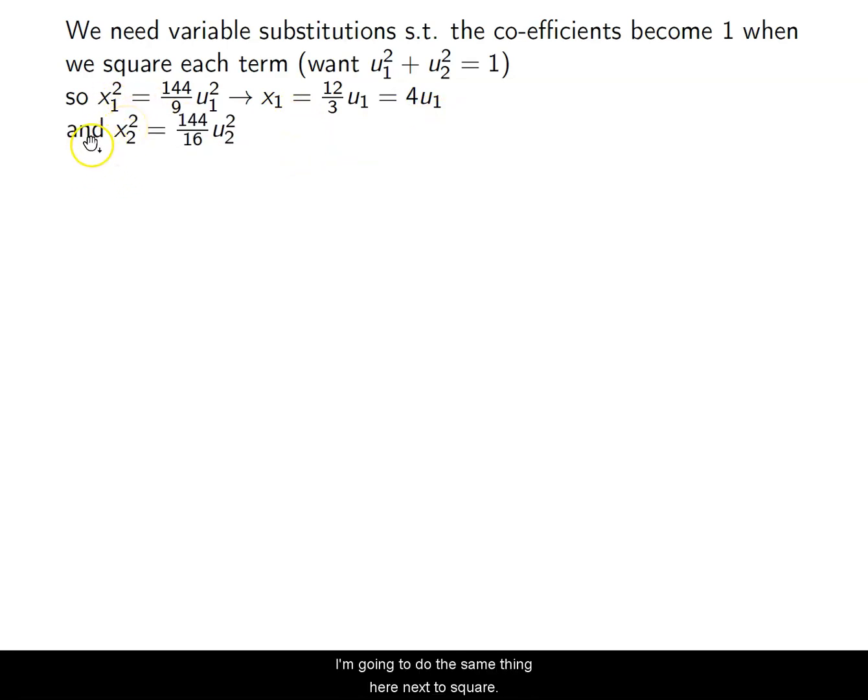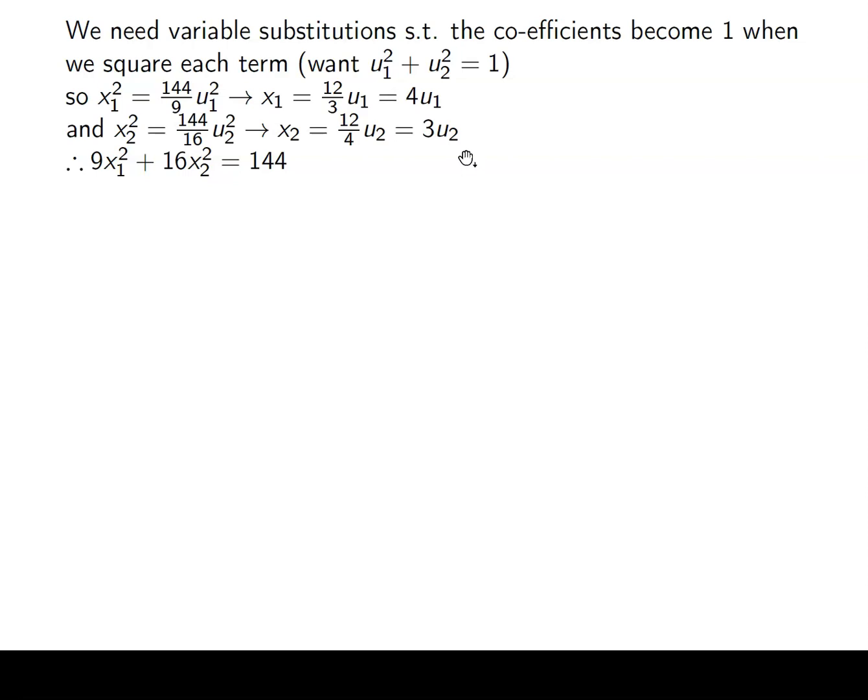Okay, I'm going to do the same thing here. x2 squared is going to be equal to this. So you can really think of it as starting off by saying u2 squared equals 16 over 144 x2 squared, and then just starting to solve for x2, right, which will give me down to 3 u2.